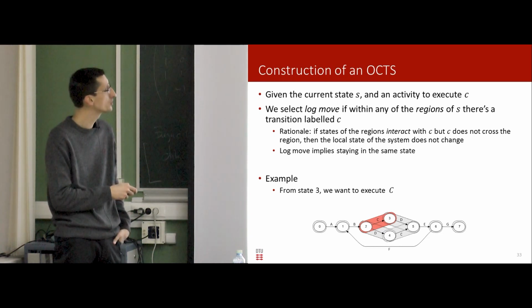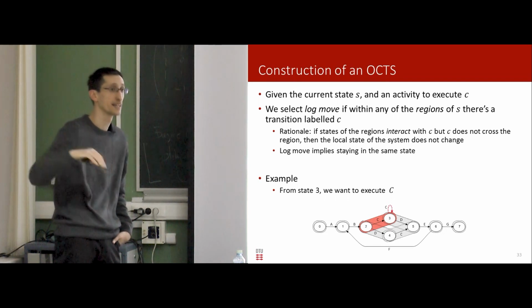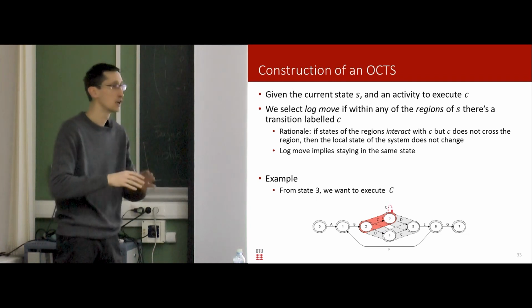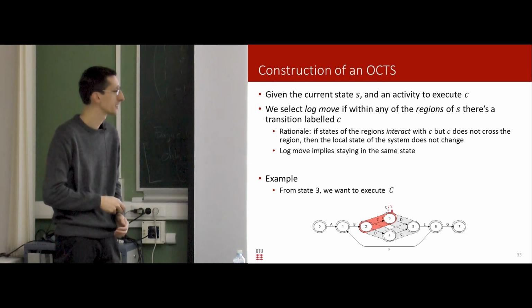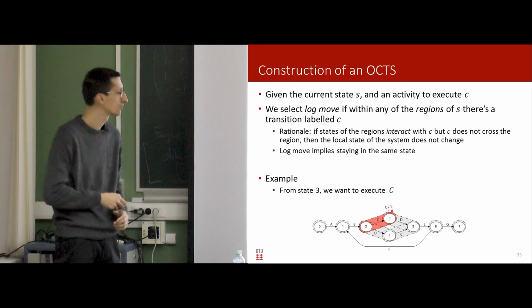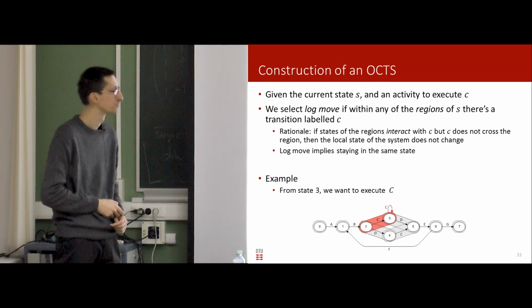So we are in state 3 and 3 is part of a region which contains C. So then we're just going to add a self loop, which would imply that if from state 3 we observe a C, we're remaining in the same state. And as I said, the rationale here is that this C is not really affecting the status of the system. And that's because we have this transition here.